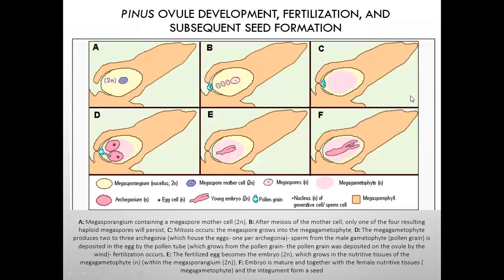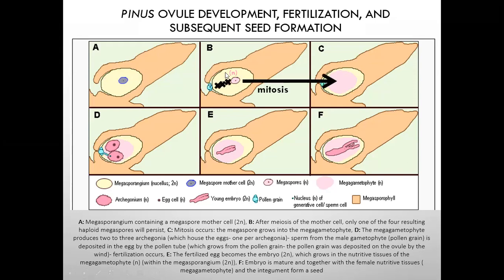Just to bring this together a little bit more, starting with part A, we see the megasporangium, which is this whole piece here, containing 1 megaspore mother cell, which is diploid. Through meiosis, we will get the production of 4 haploid megaspores, but only one of those is going to survive.